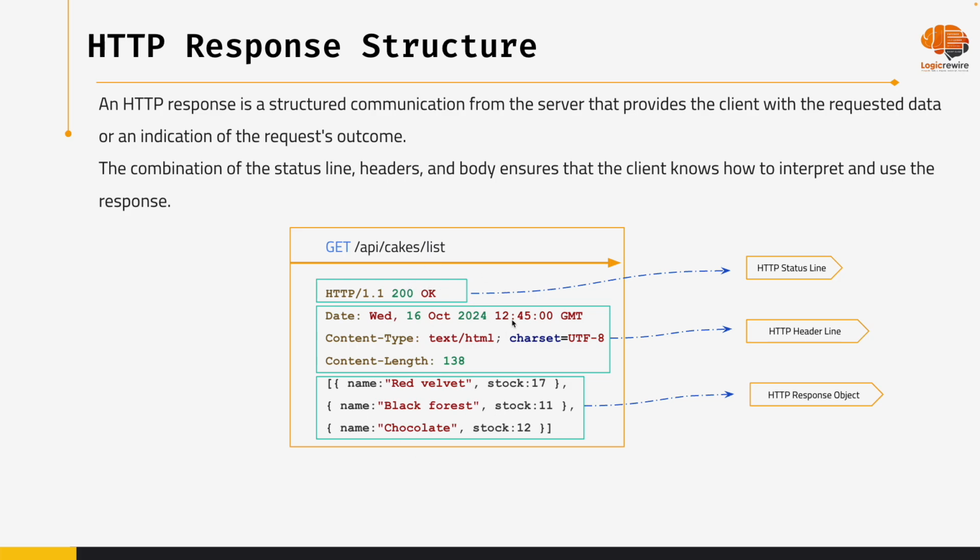This type of formatting you will get from the server. Next, you will get the header information, which gives more detail about the data. Basically there is one status line and one data part, because we are asking for data from the server, so it has to give us the data. In which format should the data be presented? Now it is presented in JSON format, an array of objects.